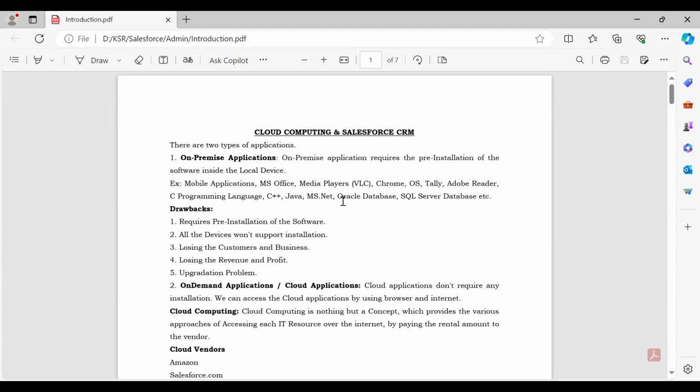Now, what are the drawbacks of these on-premise applications? The drawbacks are, it requires pre-installation of the software in the local system. Second, all the devices may not support installation.